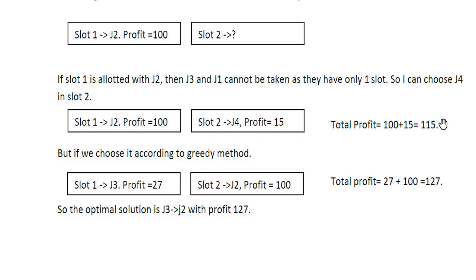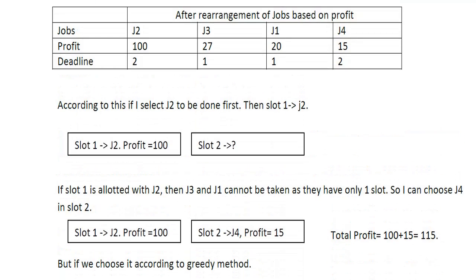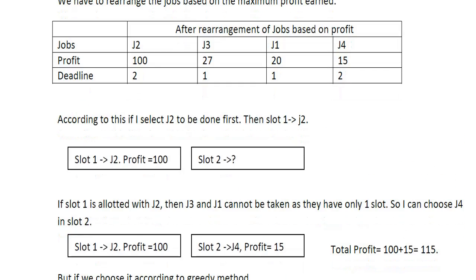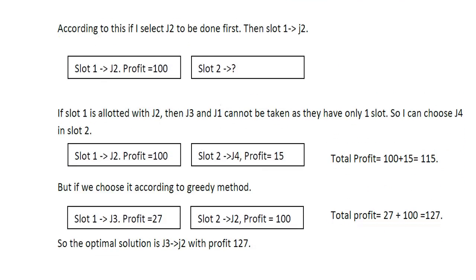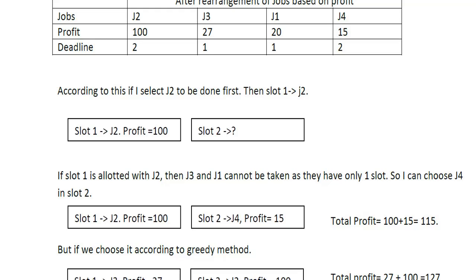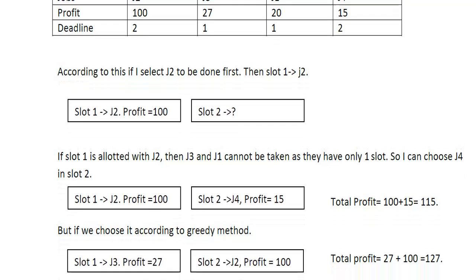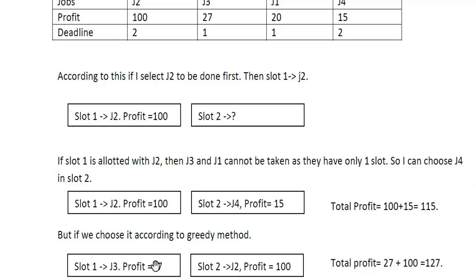But this is not greedy, this is first come first serve. Whichever job came first according to the table, I just went on substituting and I can only earn the profit 115. But if we apply the greedy algorithm, then we have to think over what to be done. If I give job 3 the slot 1, then I would have earned 27 profit in slot 1, followed by job 2 in slot 2, where I would have earned profit 100.